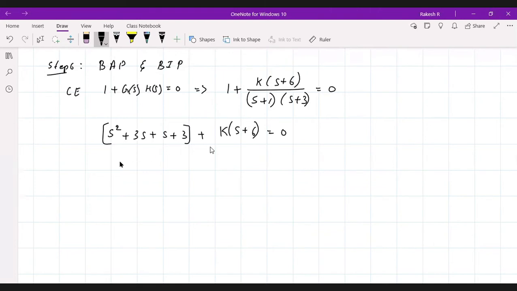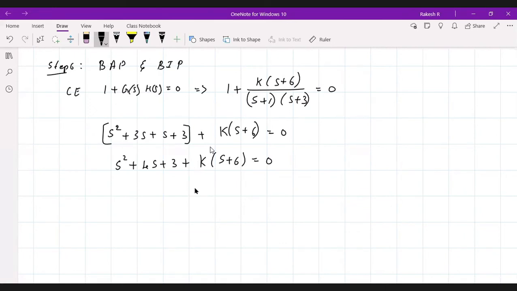After this, I can write this as s square plus 4s plus 3 plus K into s plus K into 6. Or else I'll write in the same manner, better, because we need to find out in terms of K here. So K into s plus 6 equals 0, right? So this is our term.